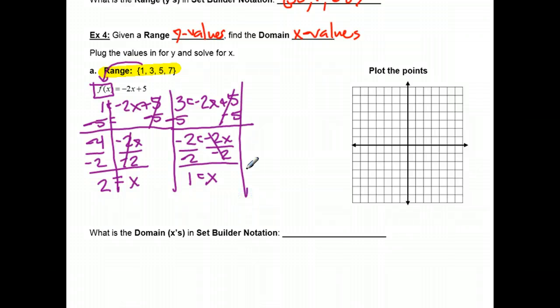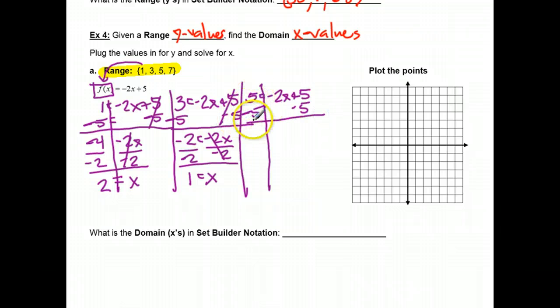Going on to the third one. Now we're going to plug in 5 for my range, or 5 for my y, or my f of x. So I'm going to plug in 5 on that side, equals -2x plus 5. Still solving for x. If I need to draw my line down the middle again, -5 to get rid of the +5.